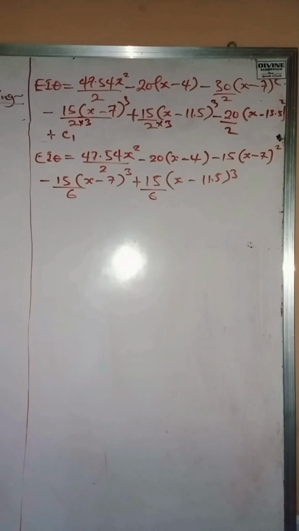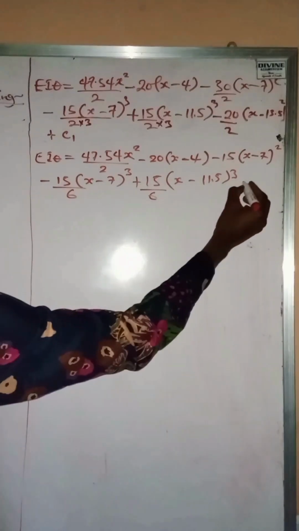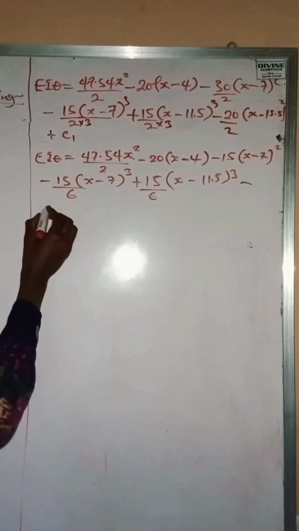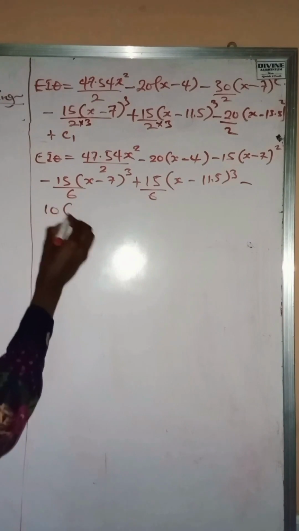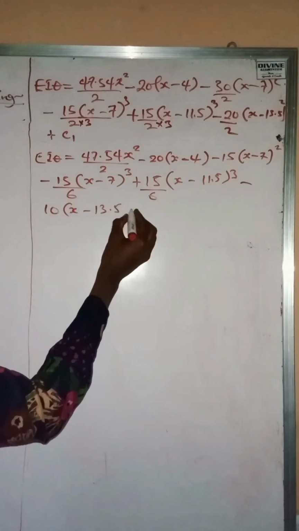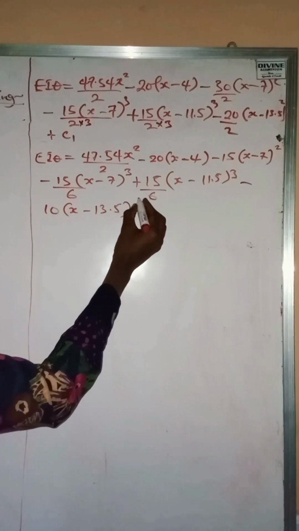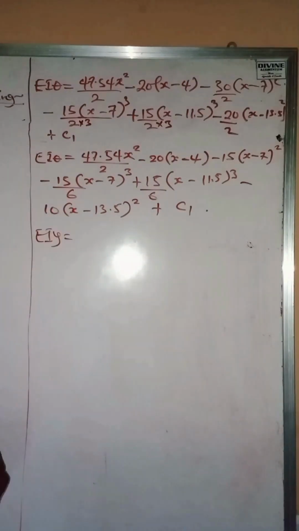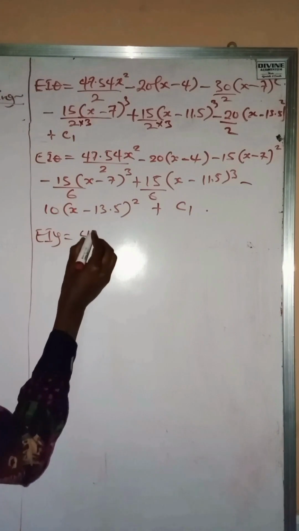All right, so this is what we have. Then we're going to have minus 10 bracket x minus 13.5 raised to power 2, and we add a constant, plus c1.